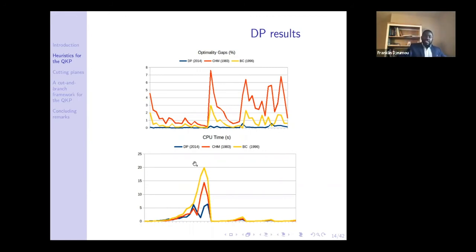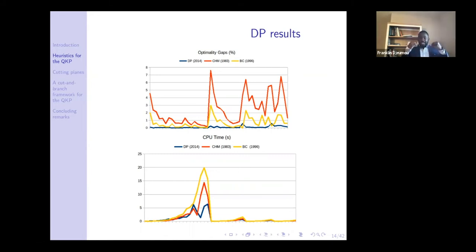These tests here are based on instances that were used in the literature since the creation of the quadratic knapsack problem. What he realized is that the way those instances are generated is not challenging enough to represent the NP-hardness property of the quadratic knapsack problem.